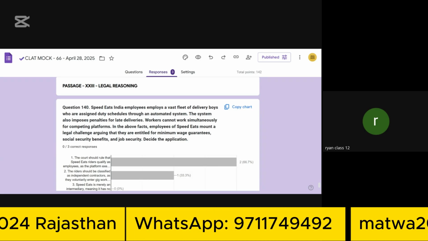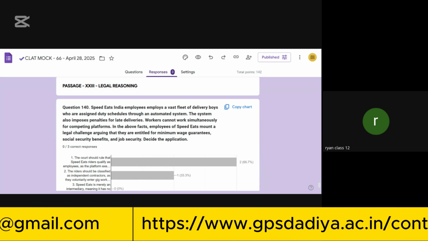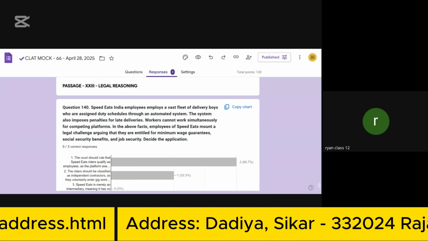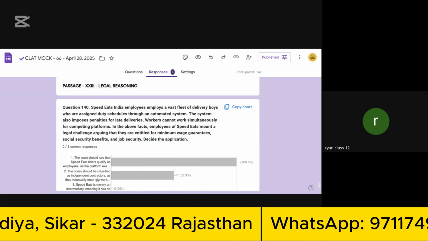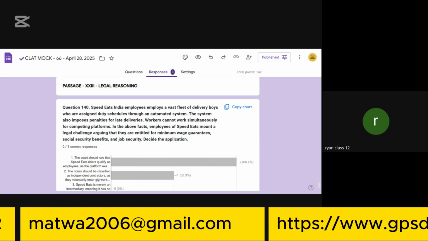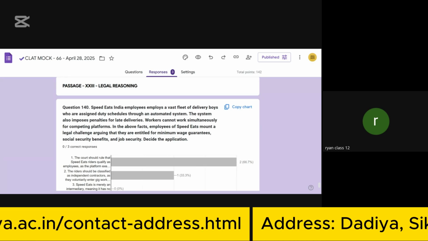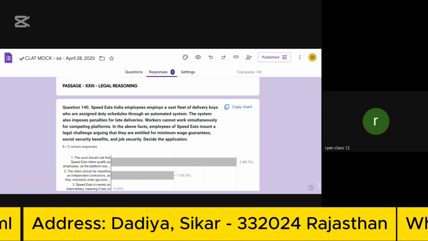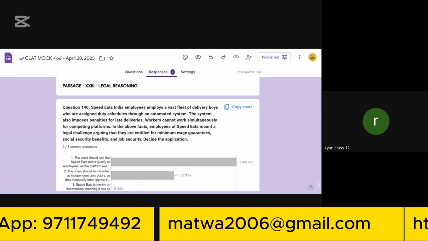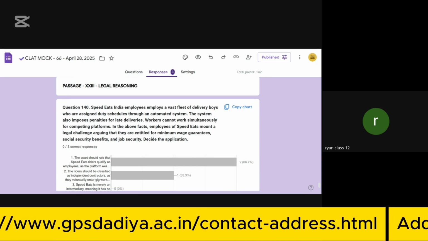Now, in contrast to this, the UK courts have recognized that gig workers such as Uber drivers are employees and not independent contractors, and as such the platforms that employ them must follow the employer laws.